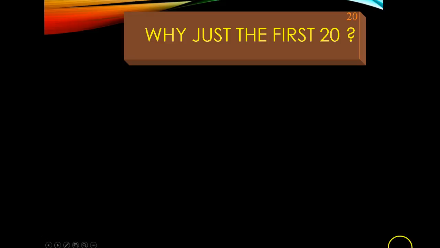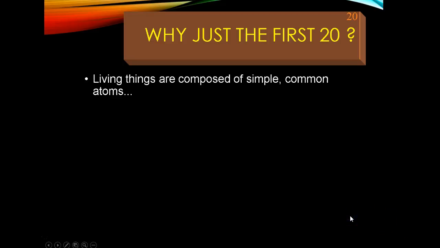We know that living things are made of simple common atoms. So that's why we want to study and make sure we know the first 20 for the test. And for the test, the only thing that you're going to need to know are the symbol and the element. You'll have a chart. You need to know the name and the symbol to be able to draw things off the chart.